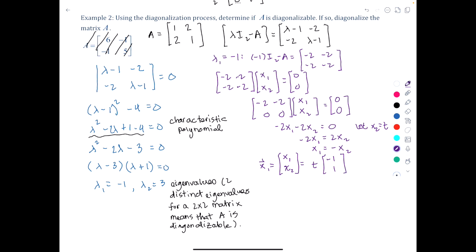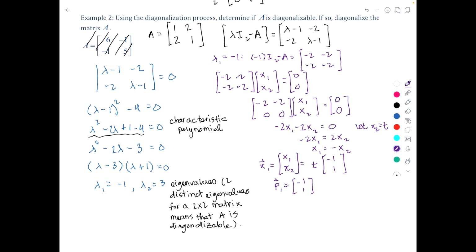Cool so far? And that will end up being the basis, or a basis for that will be the first column of our diagonalizing matrix. Groovy?